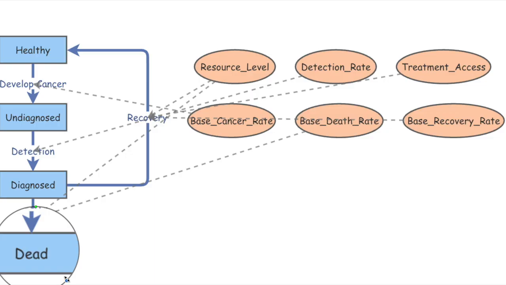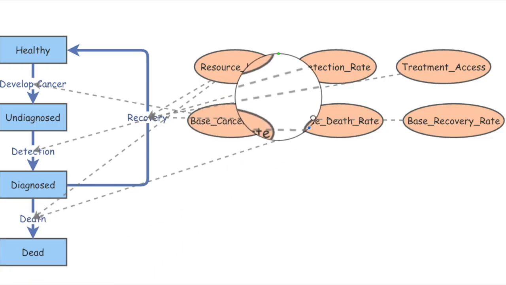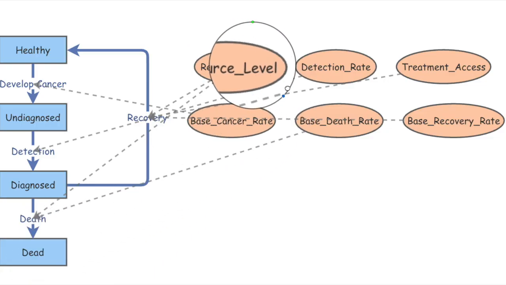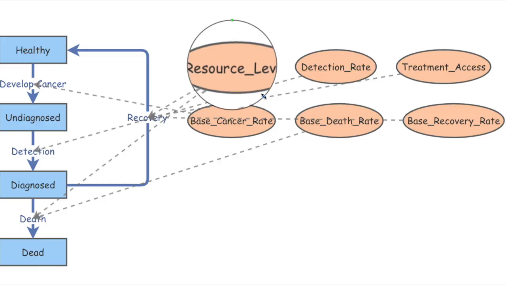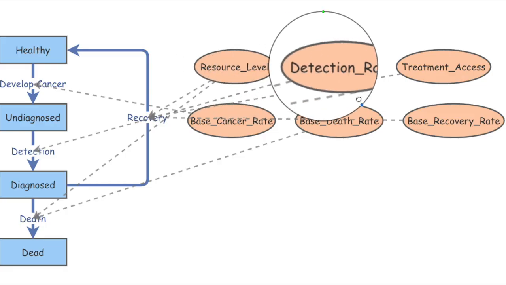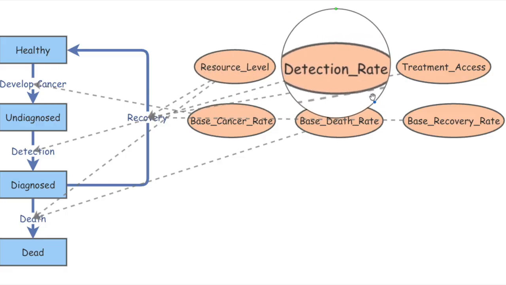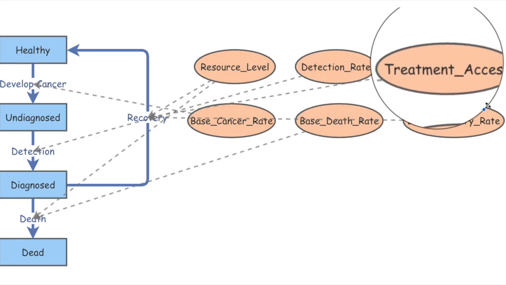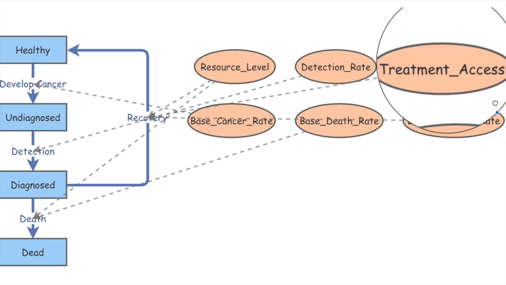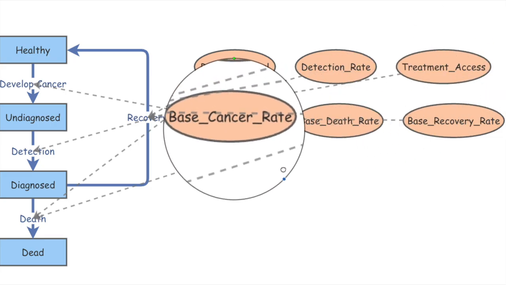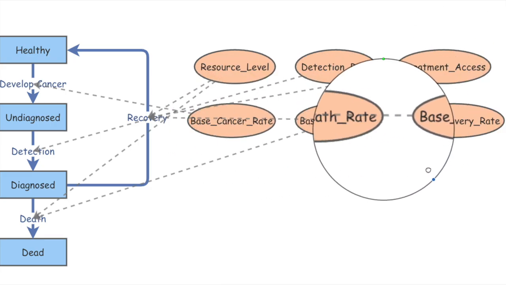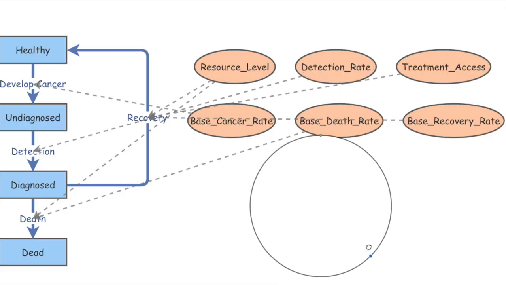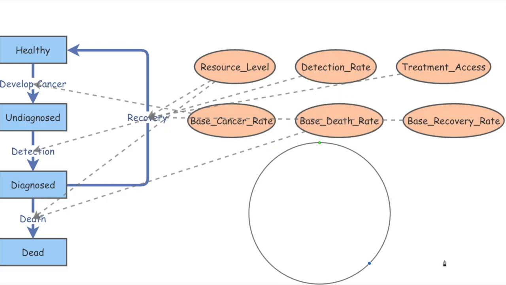You control what happens with these 3 sliders: resource level, the quality of hospital staff and equipment; detection rate, how fast people are diagnosed; and treatment access, who actually receives care. Behind these sliders are constants, like the base cancer rate, survival rate, and death probability. With just these pieces, you can recreate the health trajectory of entire countries.